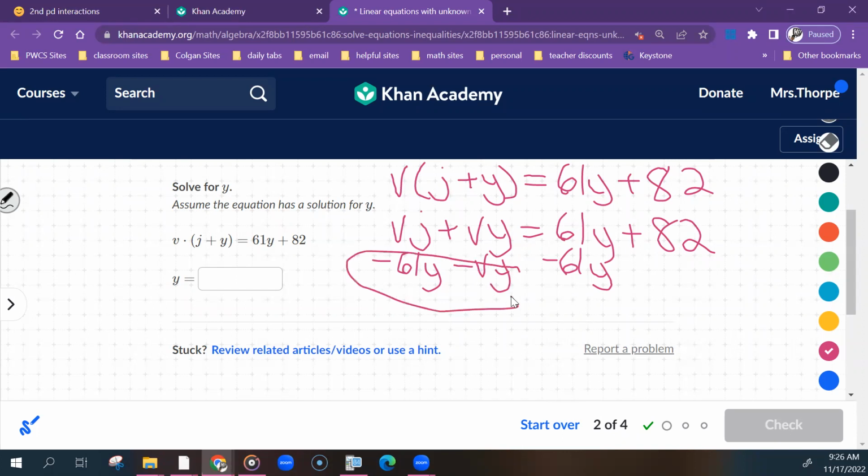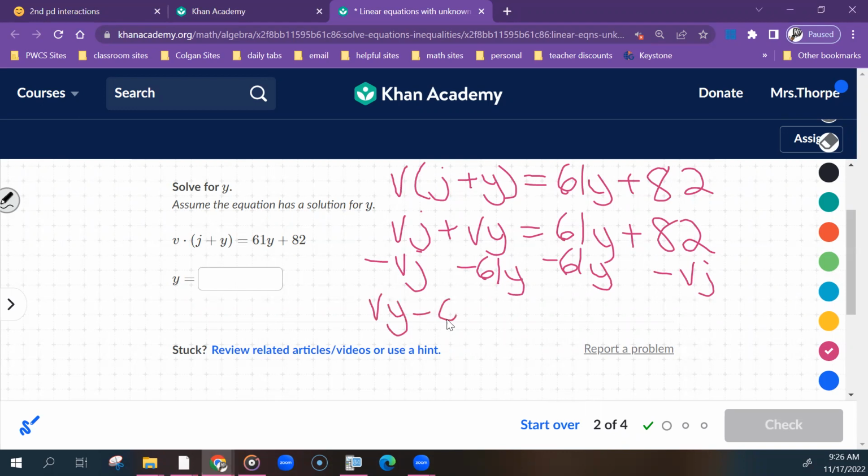I'm going to put that here, not there. So that on one side we'll have VY minus 61Y. And on the other side, we'll have 82 minus VJ.